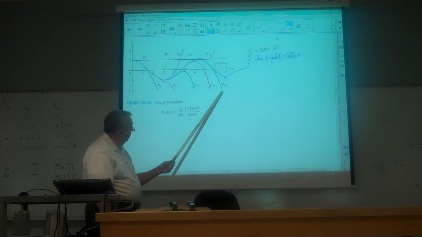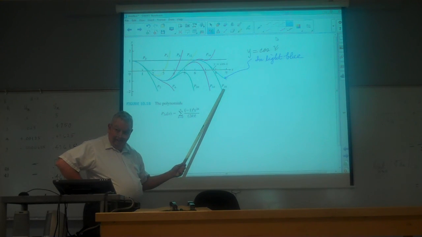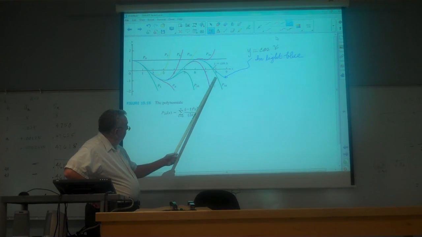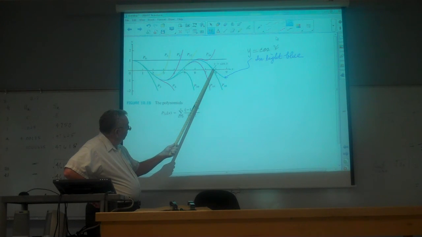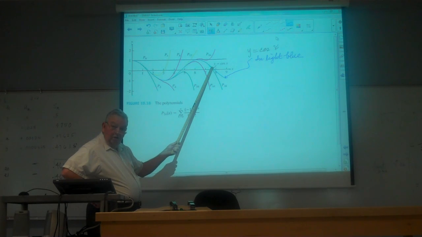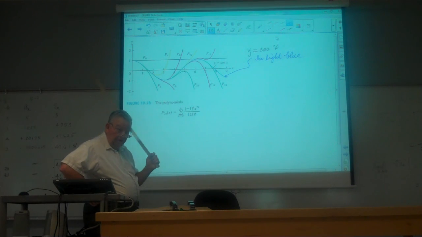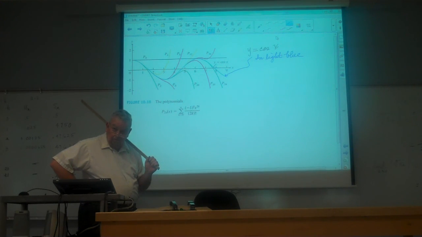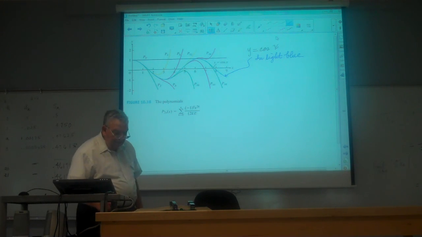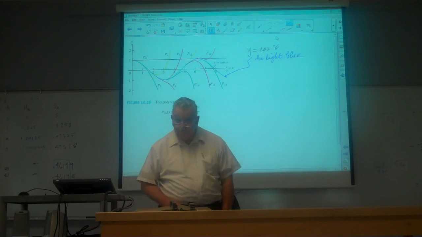Look out here at n equal 18. n equal 18 is this green line. And notice this green line goes all the way out to about there before it wanders off. So does everybody follow what I'm saying? So the higher the n, the better the approximation.